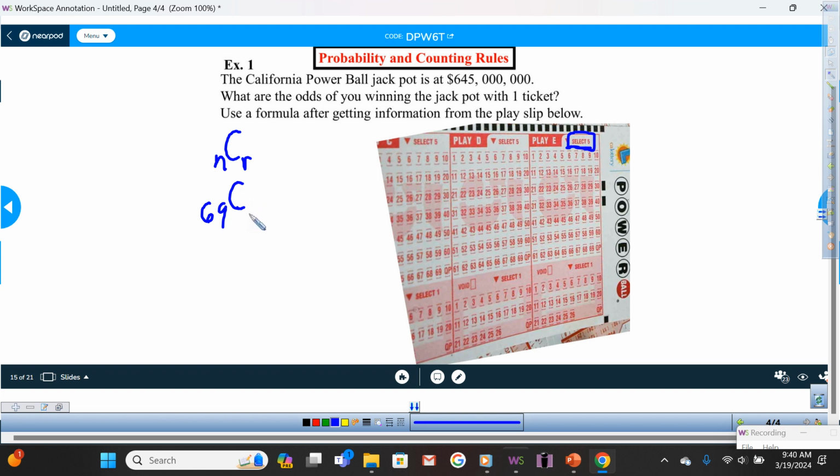Out of what? 5. That is correct. For the first part, we're going to select 5 numbers out of 69. Go ahead, Joseph. So, once again, do that computation and see what number we come up with so far.